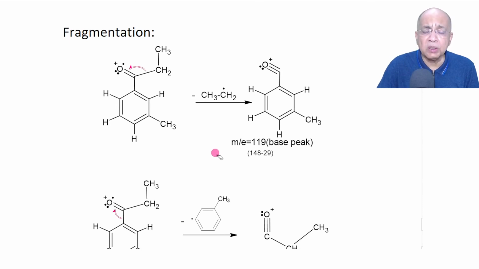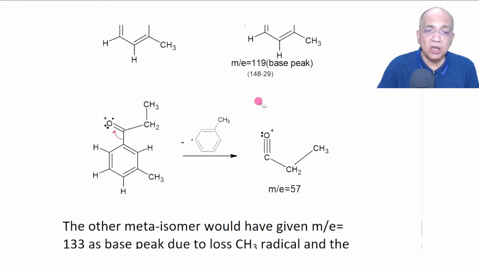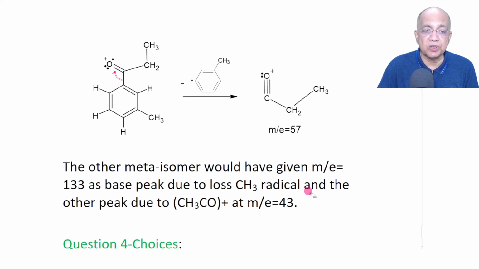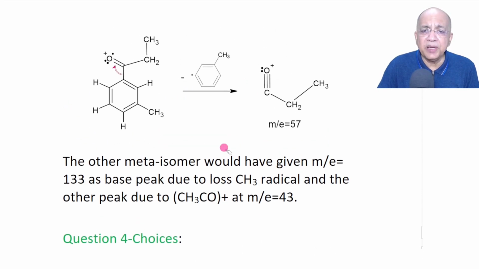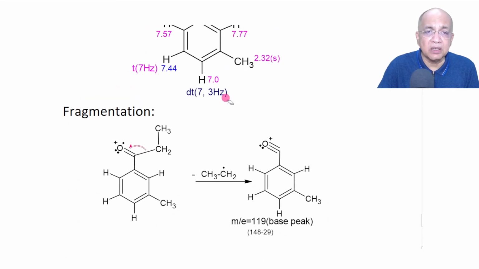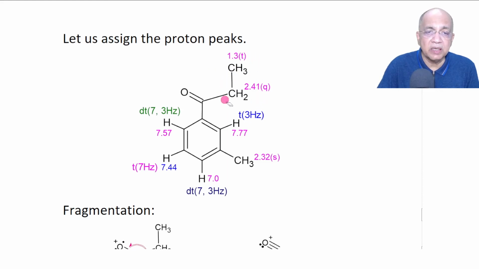So I've shown you the fragmentation pattern. This is alpha cleavage, loss of ethyl radical will give you this base peak 119, and the loss of the entire methyl phenyl radical will give you this 57. Had it been only a methyl here, the loss of methyl would not have given you 119.